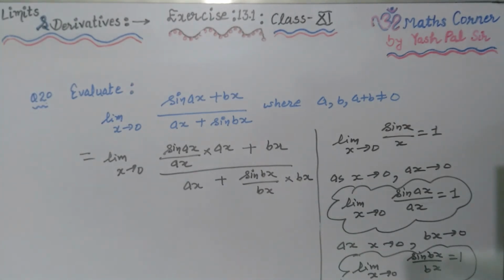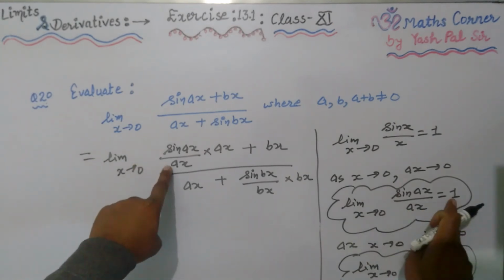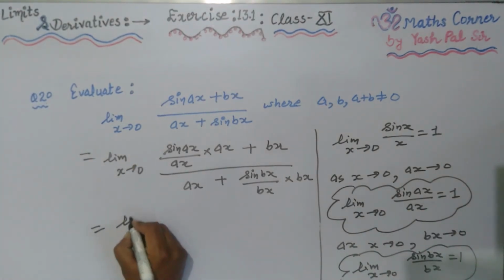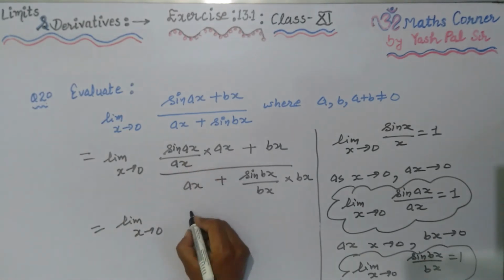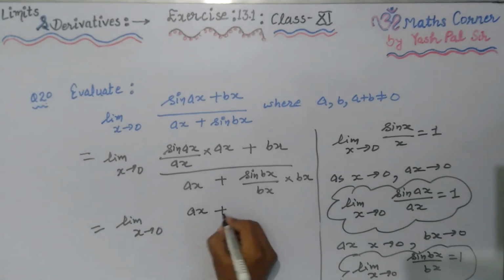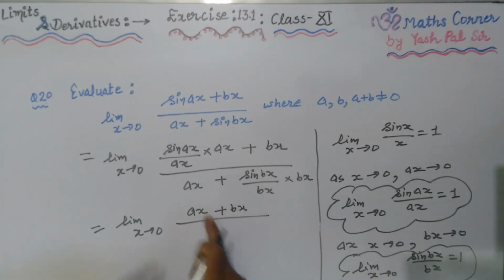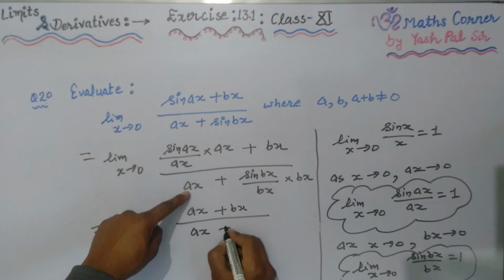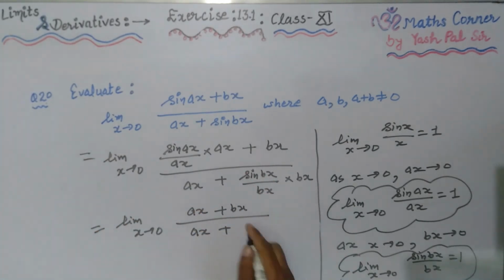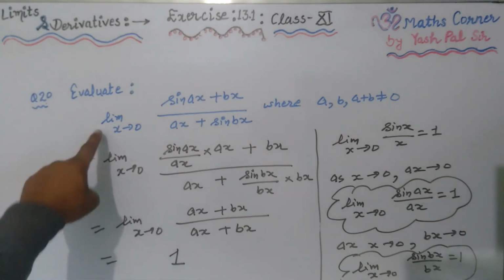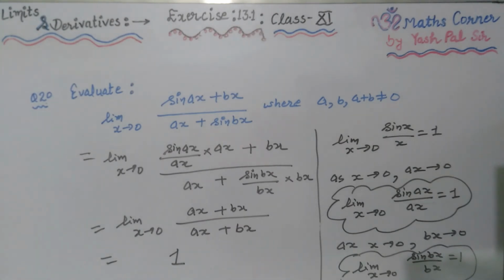Now according to the standard limit this becomes 1, so we write limit x approaches 0, this is 1, we are only left with ax, next plus bx. In the denominator also, ax plus sin bx upon bx equals 1, only bx is remaining. So numerator and denominator are the same, so we can cancel them, and we are left with 1. 1 is the limit of this function.